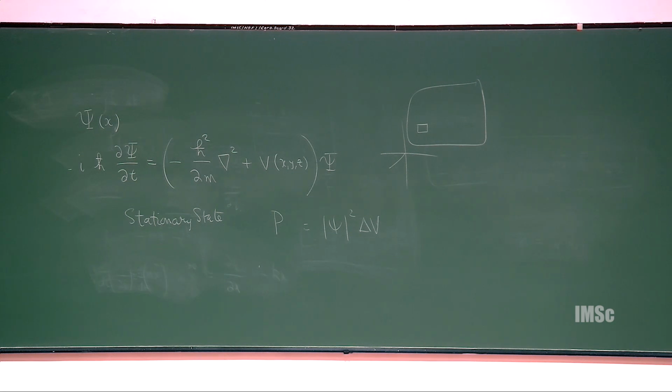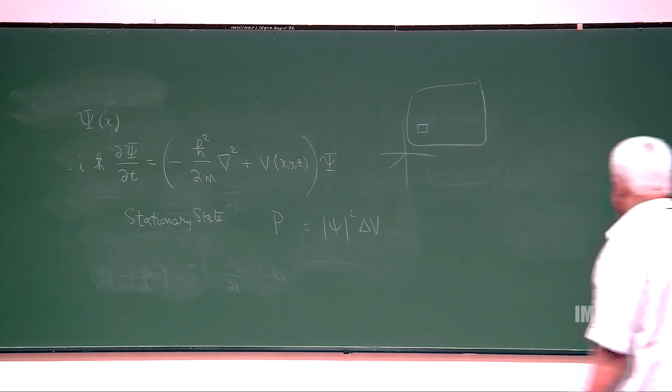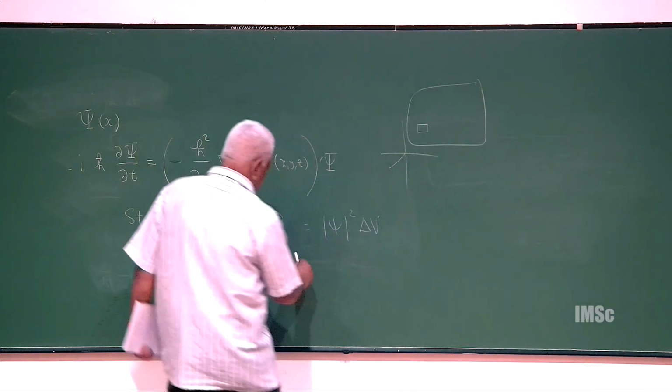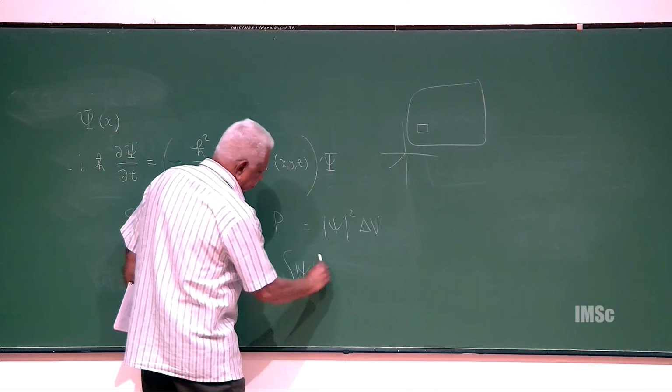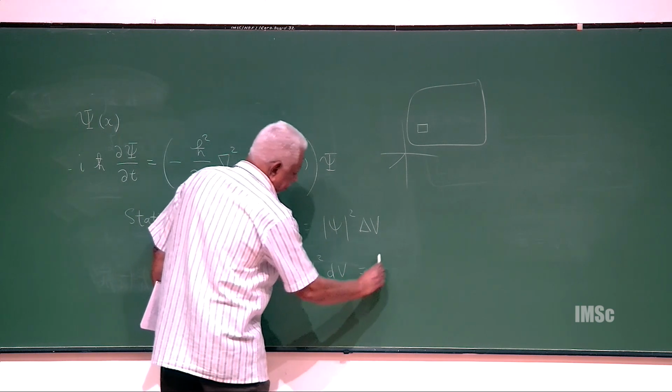Now, if I do an integral for the whole volume, all the places, where will you find the electron in this whole, let us say, universe? You will find it somewhere. What is the probability to find the electron? It is 1. So what we will say is, this thing is 1.